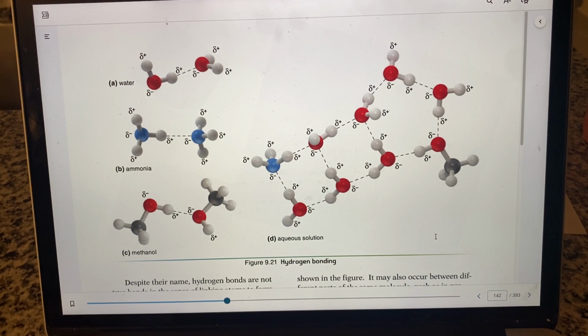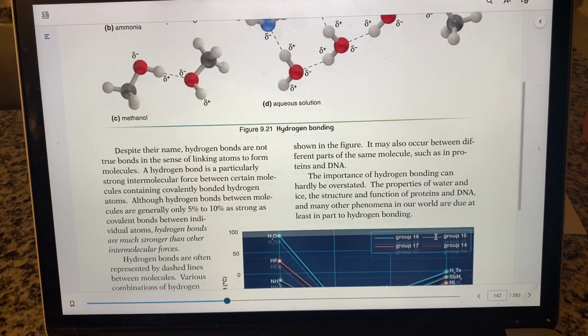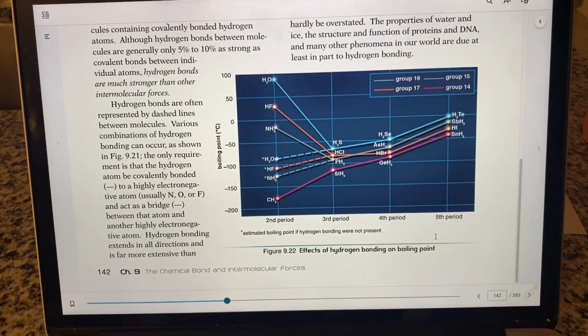So let's look here. Oh, this is pretty interesting. The effects of hydrogen bonding on the boiling point. So here is hydrogen with carbon, with nitrogen, with fluorine and oxygen. These combine very easily with hydrogen. So you see the forces there when they combine.